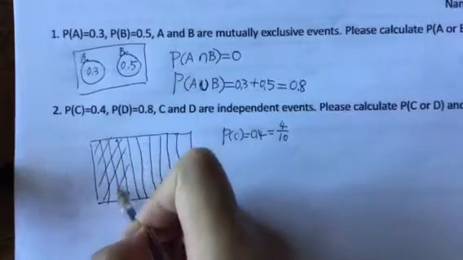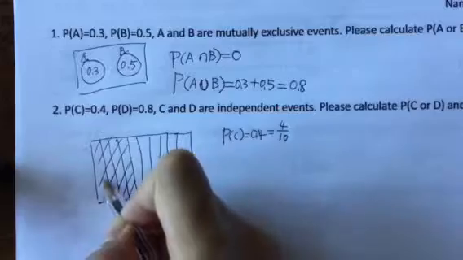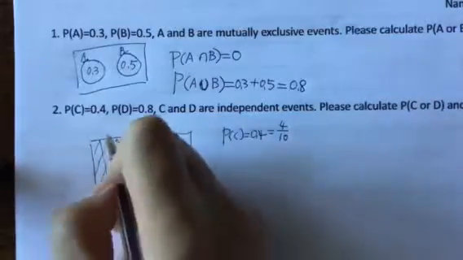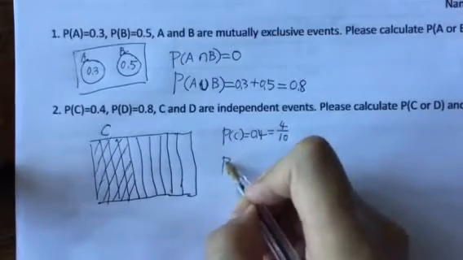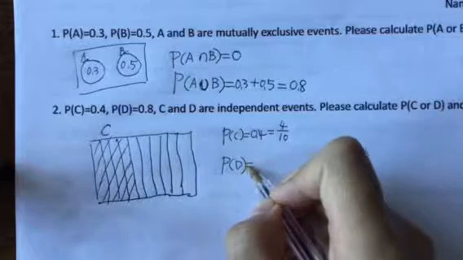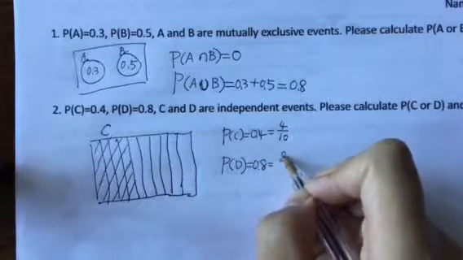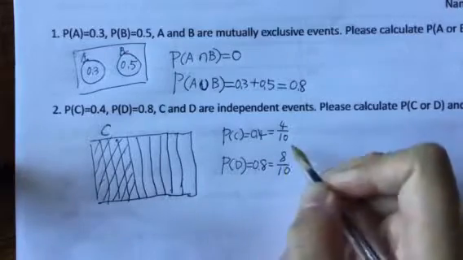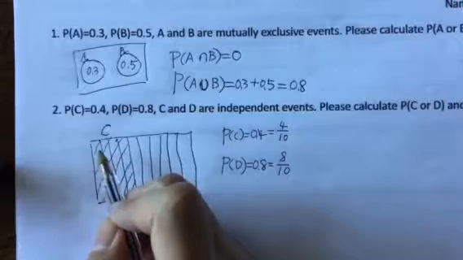So C has 4 out of 10. That's C. Now probability D is 0.8, which is the same as 8 out of 10. So C and D are independent, so they won't affect each other.